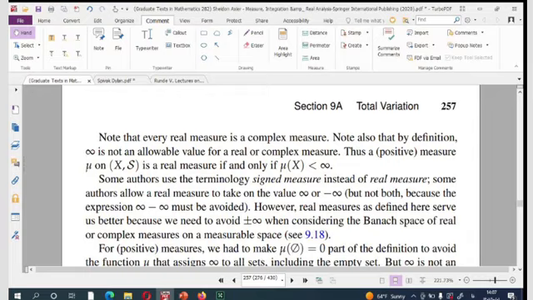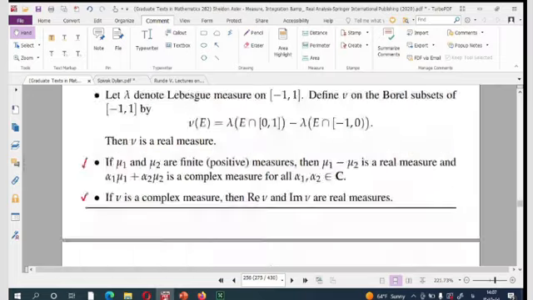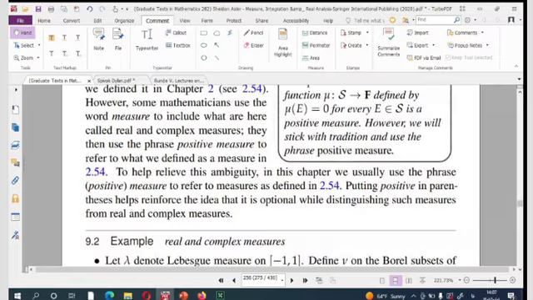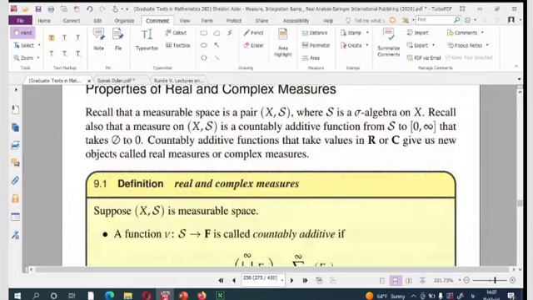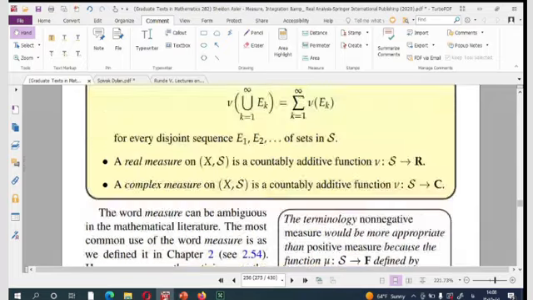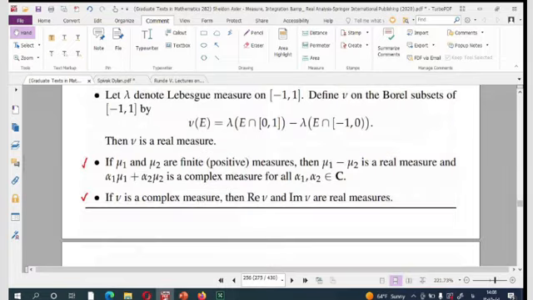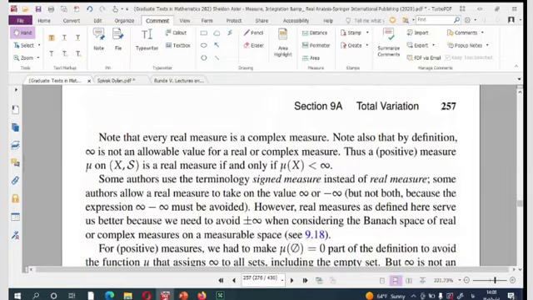Note also that by definition, infinity is not an allowable value for a real or complex measures because we consider nu as a function from S to F, and infinity is not a member of real or complex numbers, so that in real and complex number nu of E is not infinity.